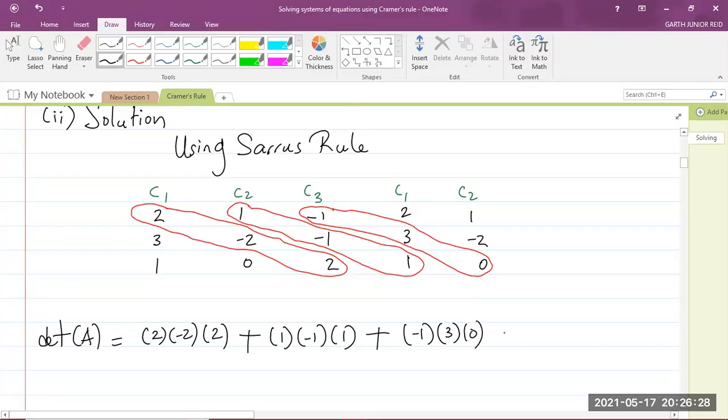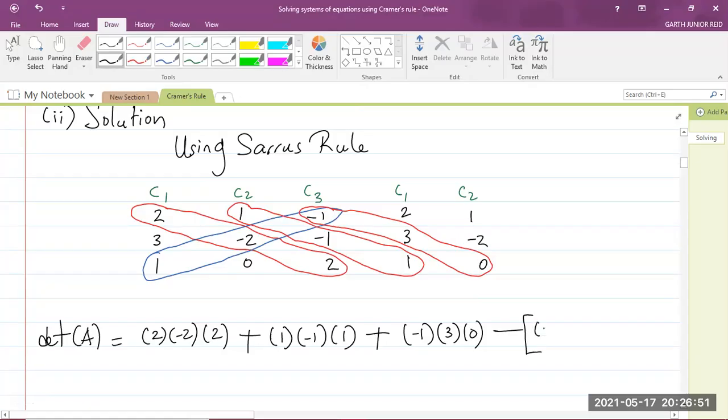Minus, we're going to have other diagonals as well. So this is the diagonal 1, negative 2, and negative 1. That's my first diagonal there.